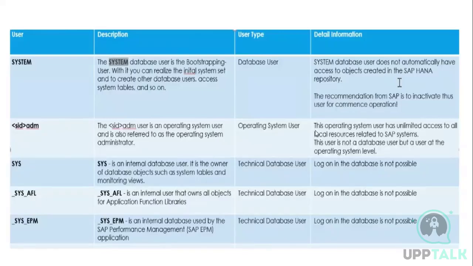While installing or configuring this application, you're going to use this ID. So this is the operating system user, and this is the database user which you get by default at the time of installation. It will have access to everything in the system, be it tables or database users or anything else. You're going to get it with the SYSTEM user ID.